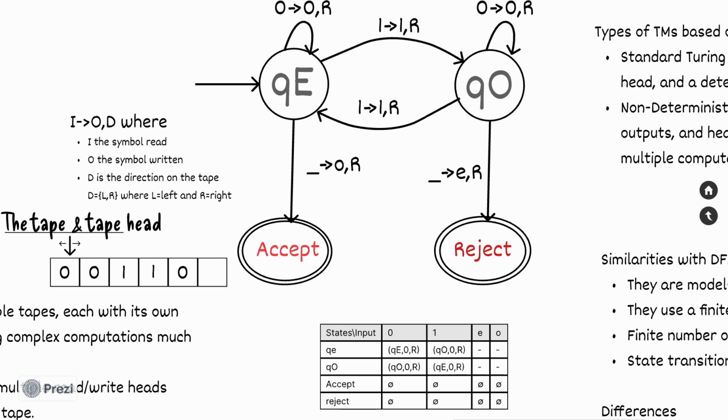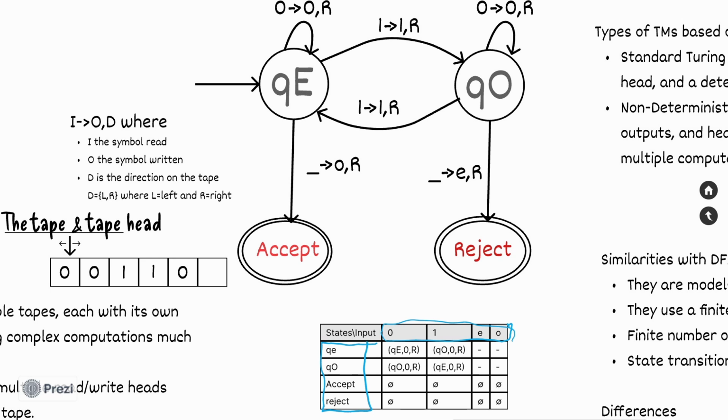As discussed earlier, the Turing machine can also be represented using a transition table. Just like in finite automata, inputs are the row headers, and the states are the column headers.